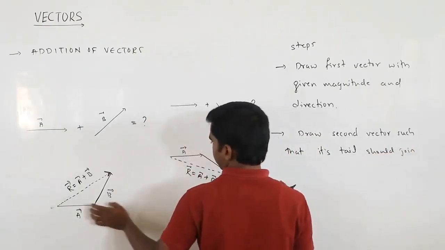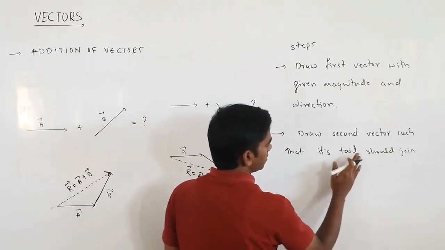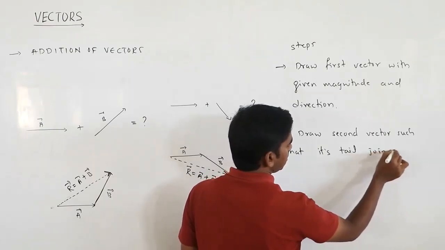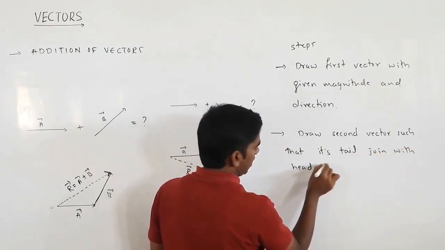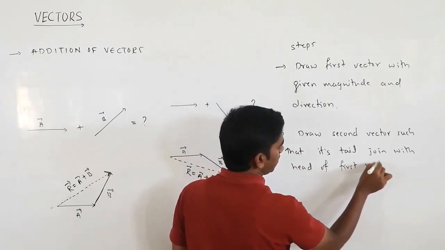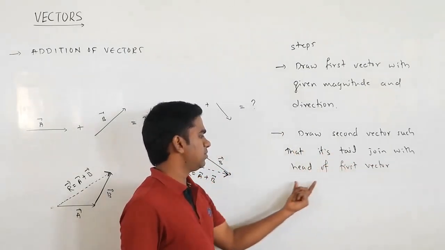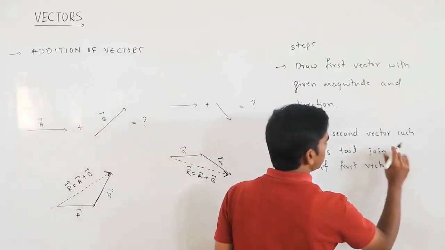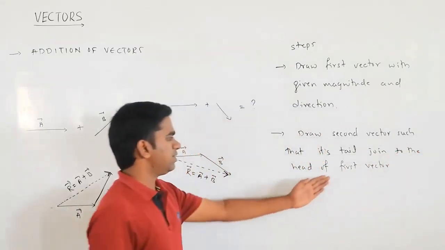Simply you can write it starts from the head of the first vector. So draw the second vector such that its tail joins to the head of, or starts from, the head of the first vector.